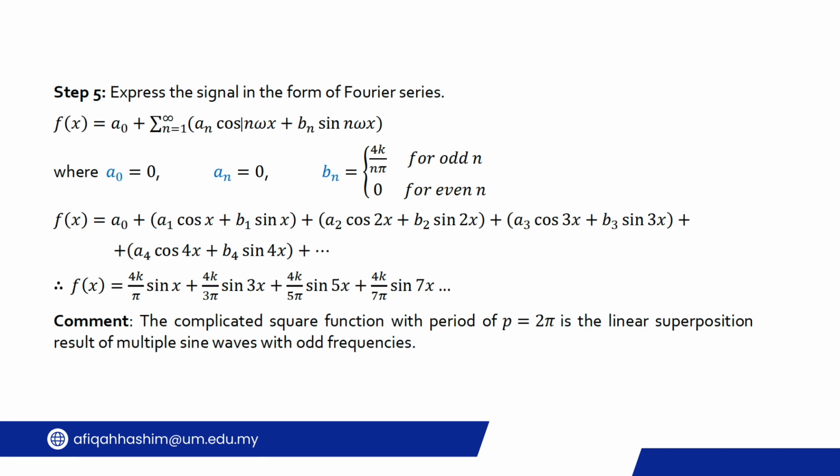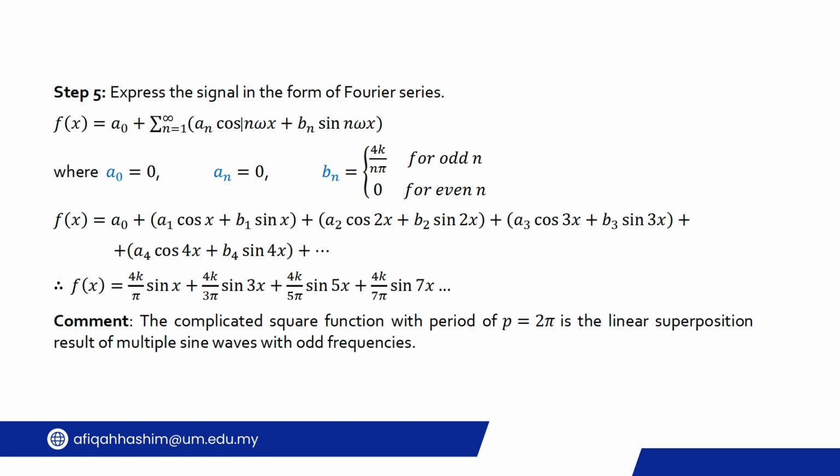So a1 is equal to 0, and then b1 sin x is equal to 4k over pi sin x, and then plus a2 cos 2x is equal to 0, and then b2 is 0. Then a3 cos 3x is equal to 0, and b3 sin 3x is 4k over 3 pi sin 3x.